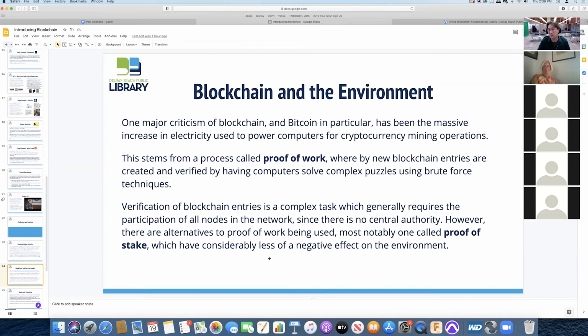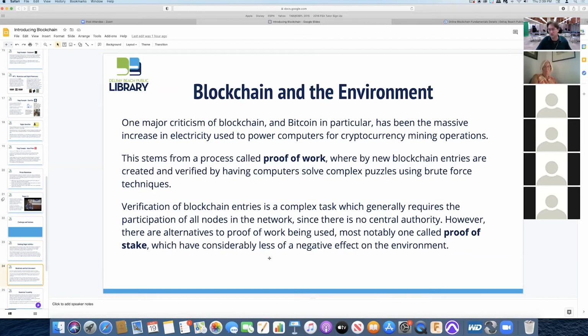Their sole purpose was to solve these puzzles as quickly as possible to beat out all the other computers competing for new Bitcoins. China has since clamped down on this because of the environmental impact of it and the fact that they tend to rely on coal, more than other sources of energy.